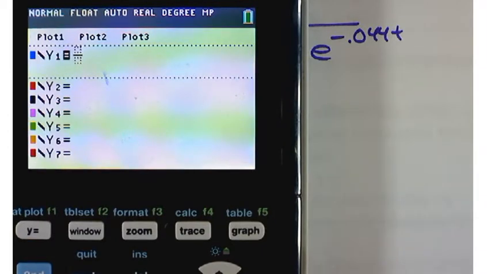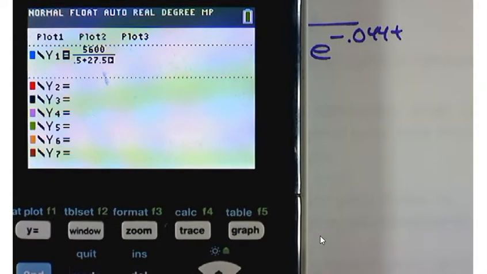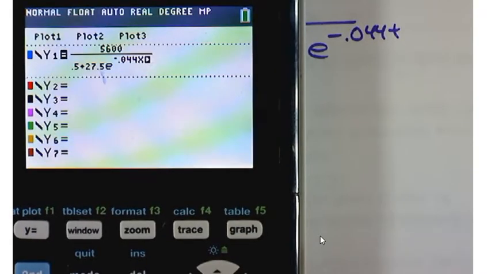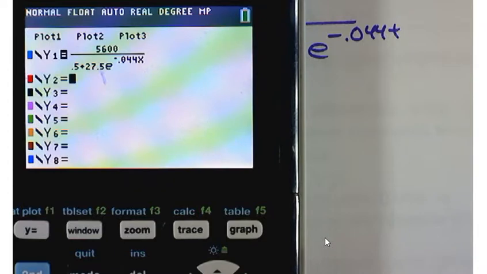You don't have to worry about as many parentheses. In the numerator, it's going to be 5,600. In the denominator, it's going to be 0.5 plus 27.5, second ln, e to the negative 0.044x. So you should be able to put in something like that.